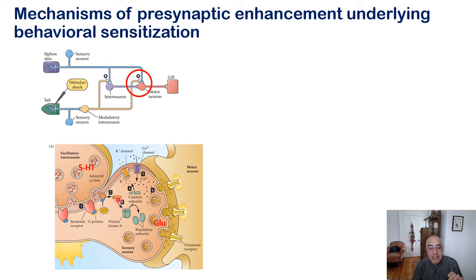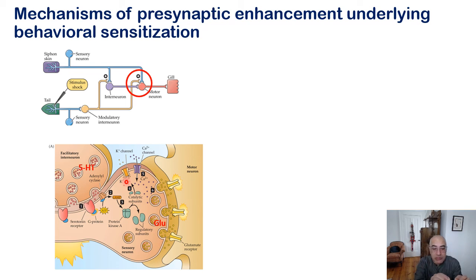When this happens, cyclic AMP is a signaling molecule that activates a kinase known as protein kinase A. When protein kinase A is activated by cyclic AMP, the catalytic and regulatory subunits come apart. The catalytic subunits become phosphorylated. They activate a set of calcium channels and close a set of potassium channels.